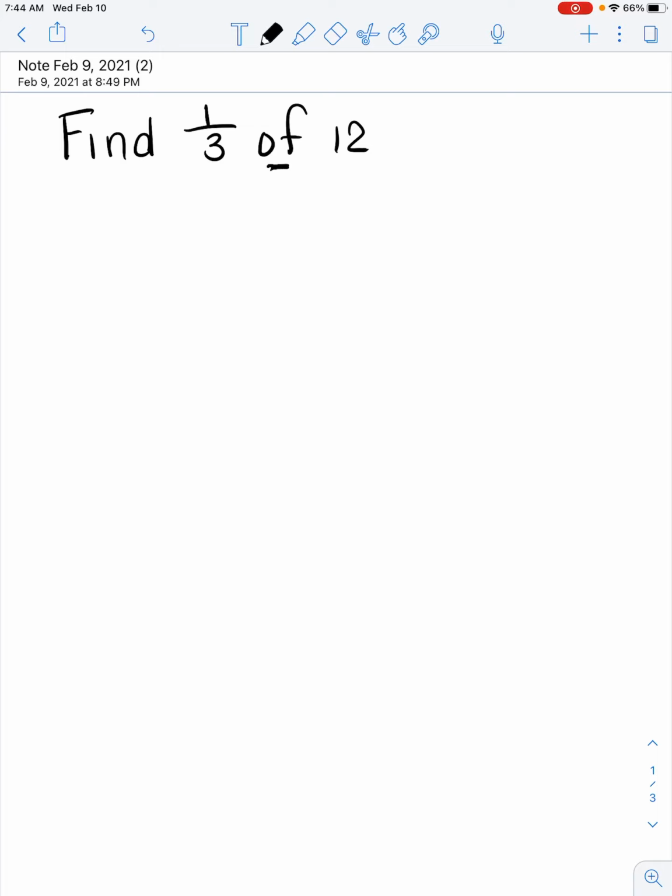Well, what does that mean? It means that if I want you to find 1/3 of 12, that would be the same as 1/3 times 12. Okay, so now, I like to draw models. If you look at 1/3 of 12, you might automatically think, the whole thing is 12. So let me draw 12 circles.